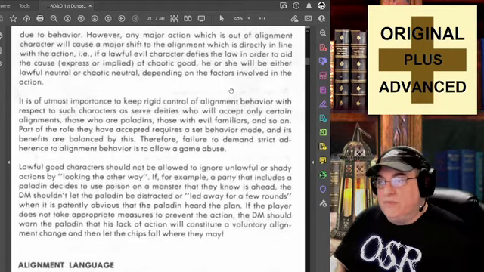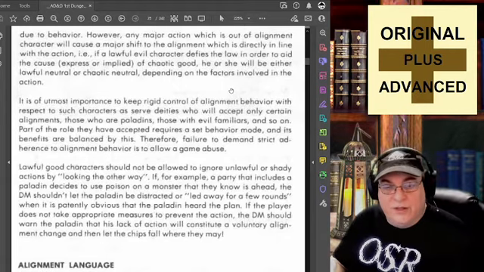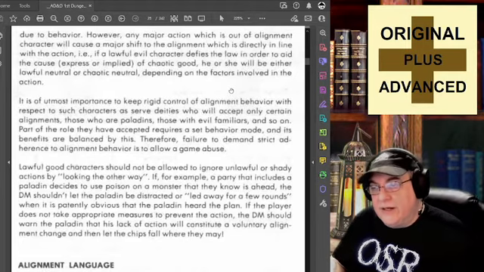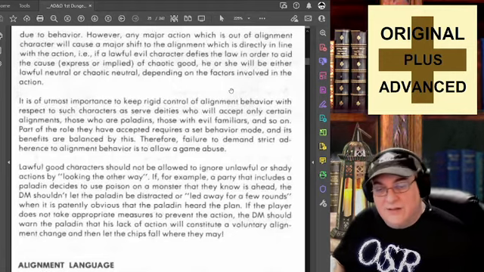Are they stripped of their ability to thieve? Are they stripped of their other abilities, whatever they are, depending on their class, because they've shifted alignment? Well, no, that's not structured into the class.